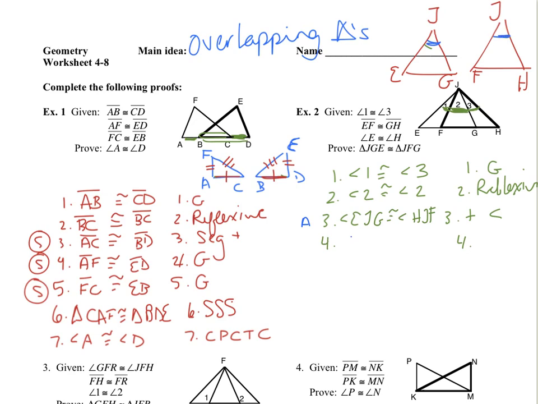And then I go to EF is congruent to GH, and that was given. So EF, oh shoot, that's only part of that side, and GH is only this part. But I can see in the picture that this overlaps in both triangles. So I'm going to go ahead and say FG is congruent to FG by the reflexive property.